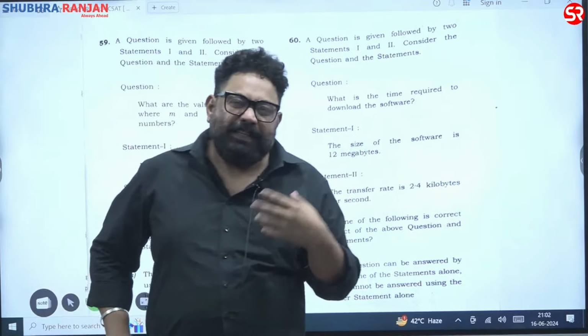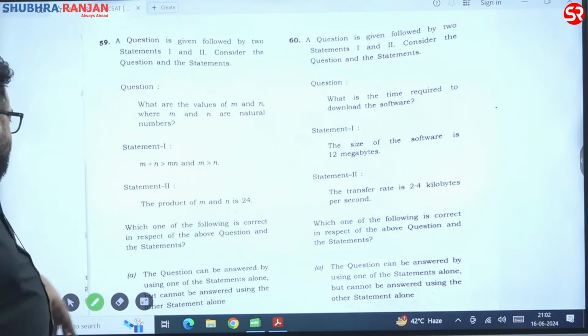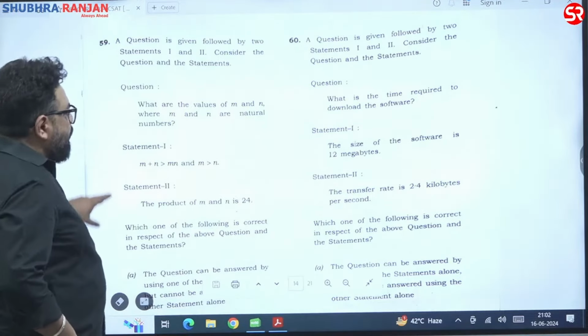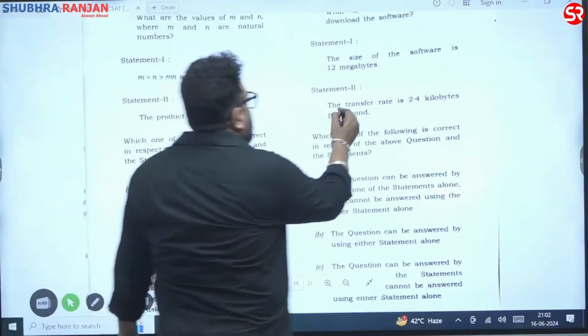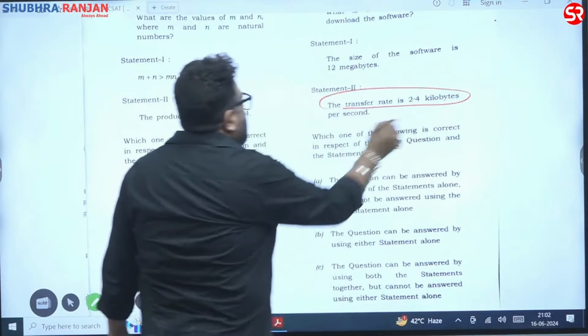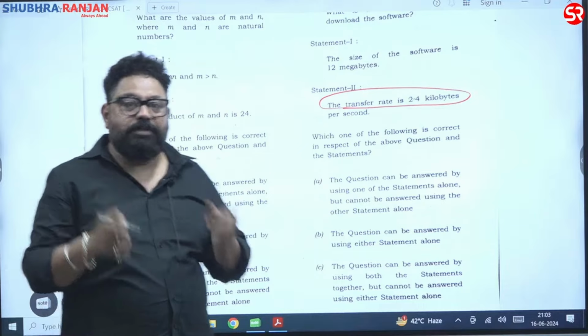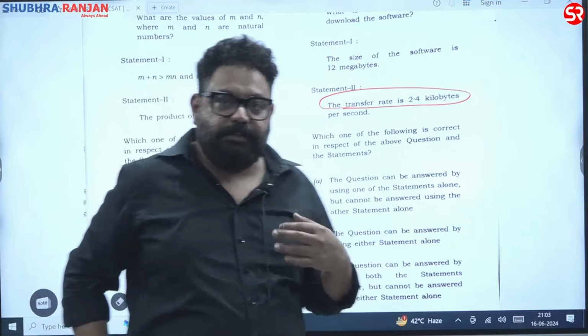This question is framed to make you assume that if we combine these two statements, we would get the answer. But my logic is, what do you mean by transfer rate? Is it a downloading rate or an uploading rate? It is not specified.